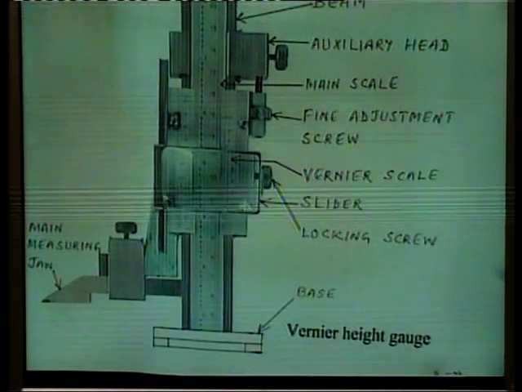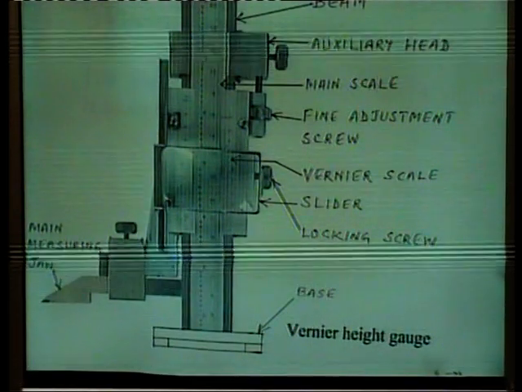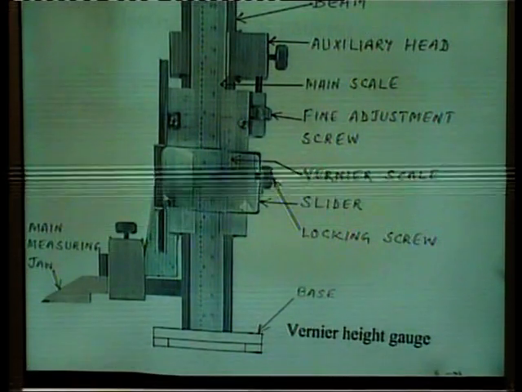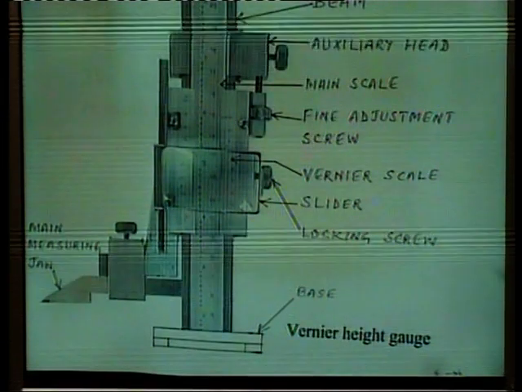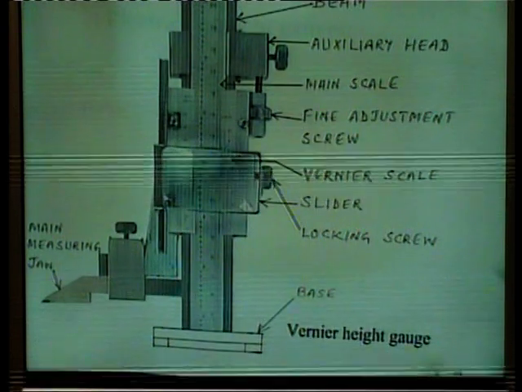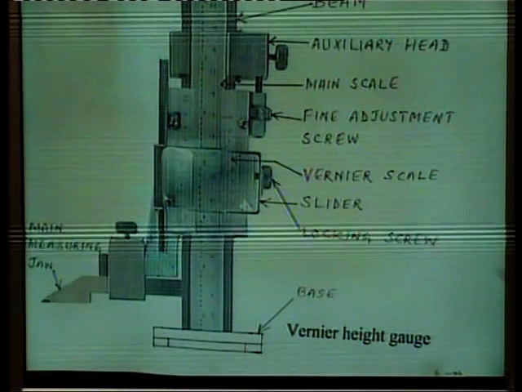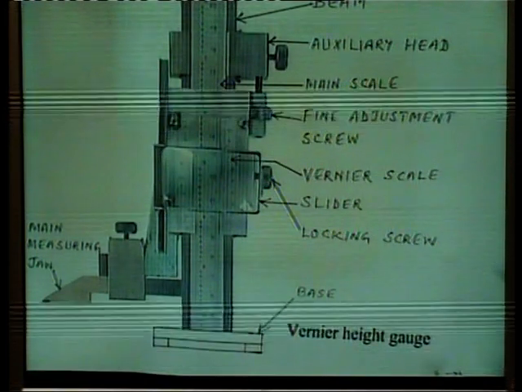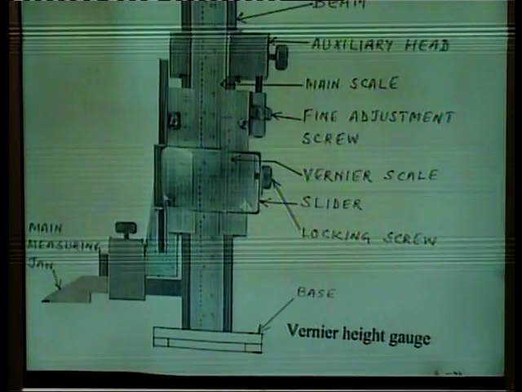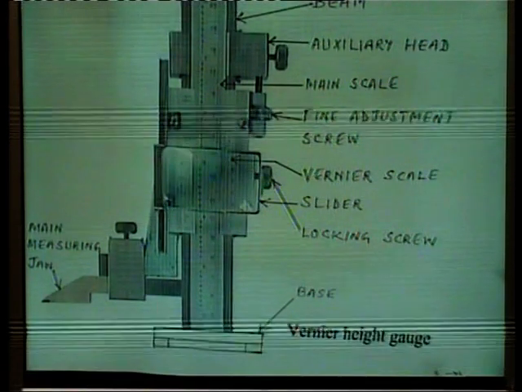The fifth main part of this height gauge is the auxiliary head. It is attached to the beam above the vernier head. It consists of suitable fittings to give a fine adjustment of the slider, and a clamping screw is also provided so that the slider can be clamped to the beam effectively after the fine adjustments.